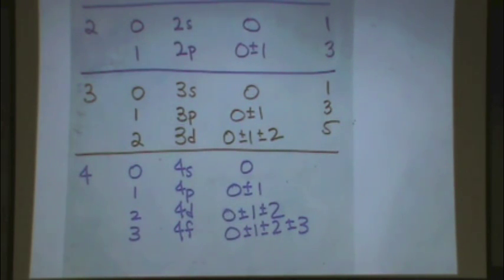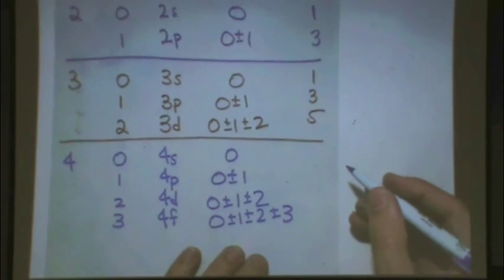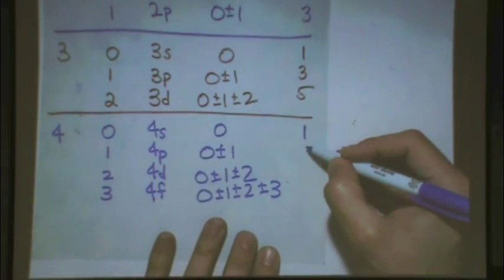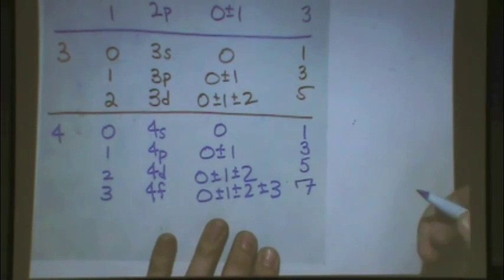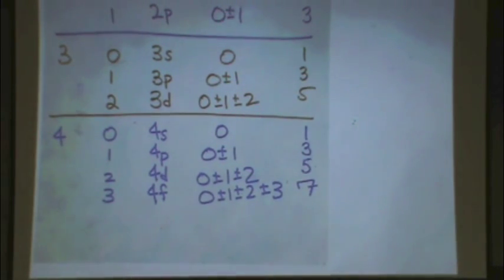Or plus 3 and minus 3. So it's minus 3, minus 2, minus 1, 0, 1, 2, 3. Okay, and the number of orbitals are 1, 3, 5, and 7. Just following odd numbers. Okay?